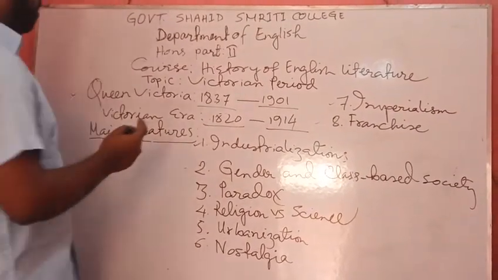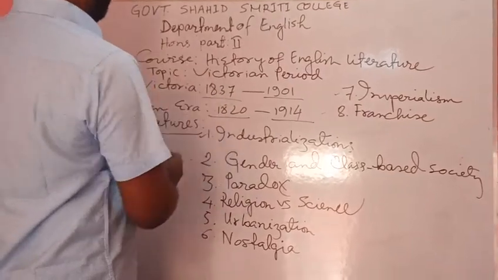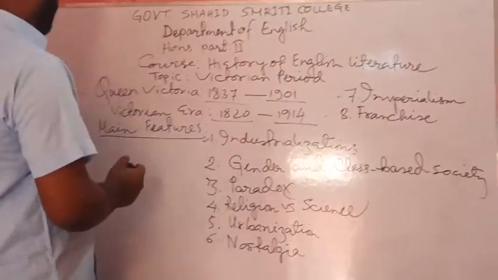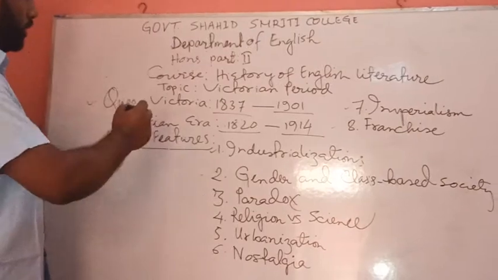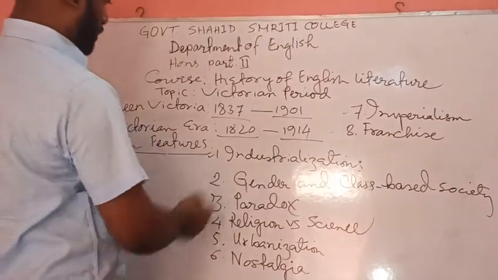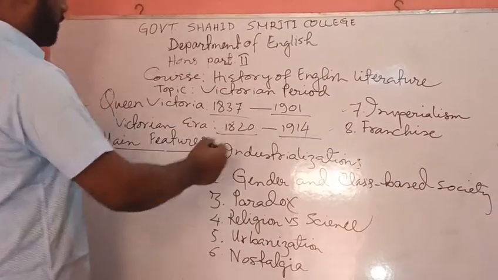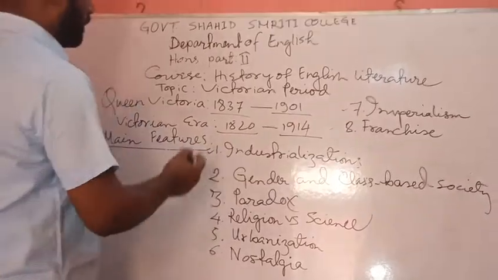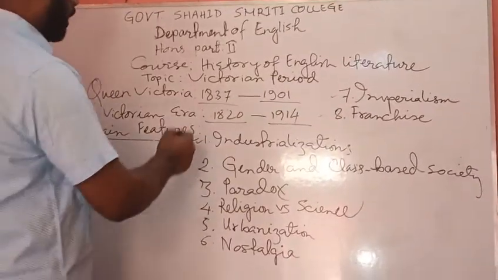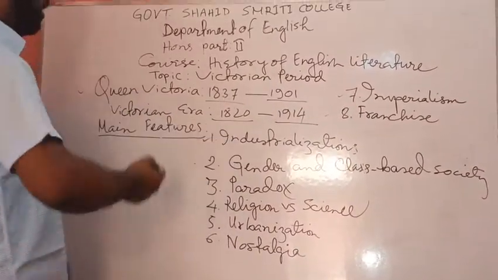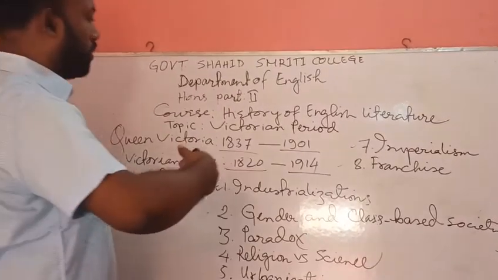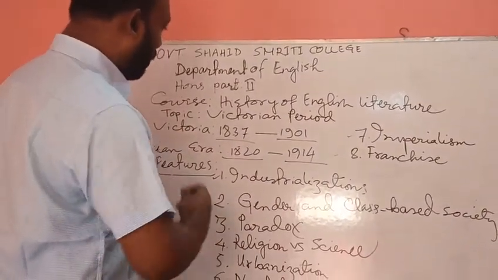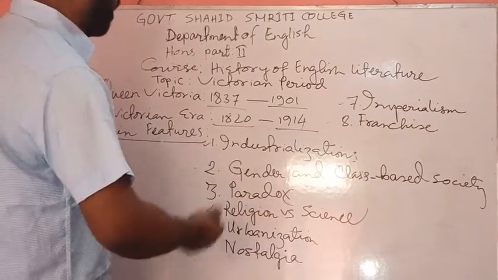Actually, Queen Victoria initiated the age, the Victorian age. This age is famous for industrialization, and the English people became the kings of the seas, defeating the Spanish Armada.